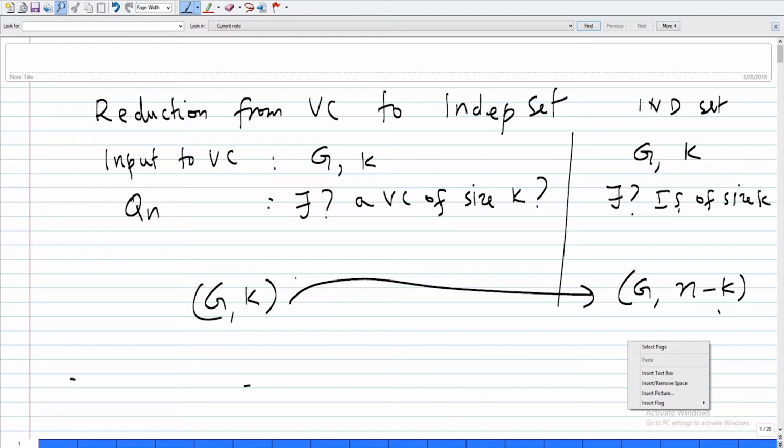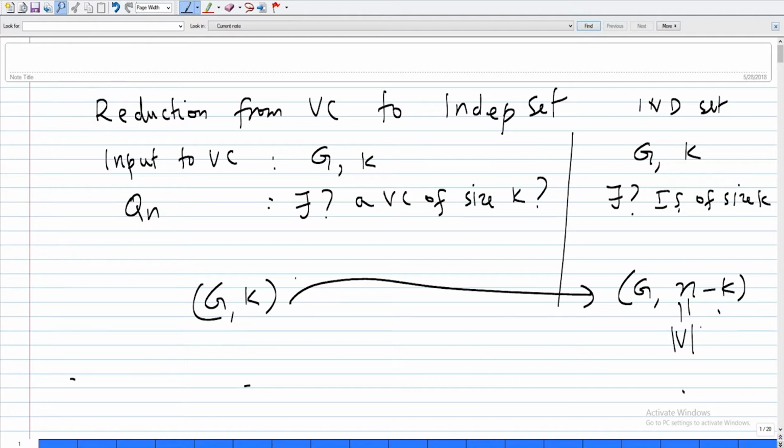So, the F which you need for the reduction, which should take an input from here to an input here, takes G comma K and converts it into G comma n minus K, where n is the size of the vertex set in this graph. That is it.